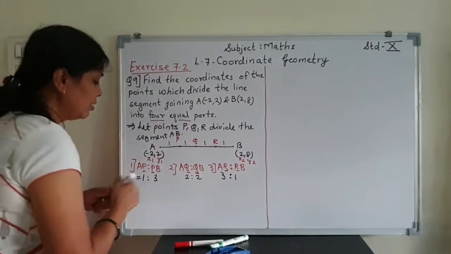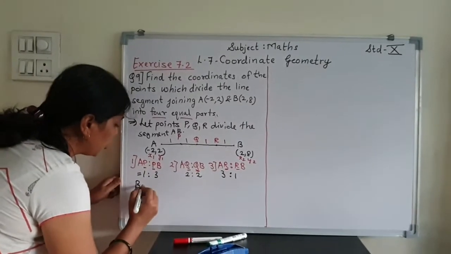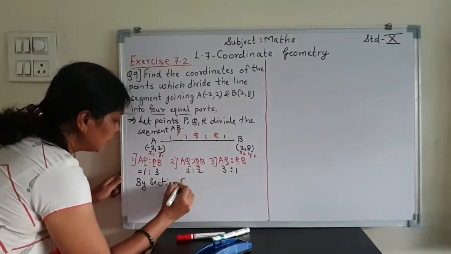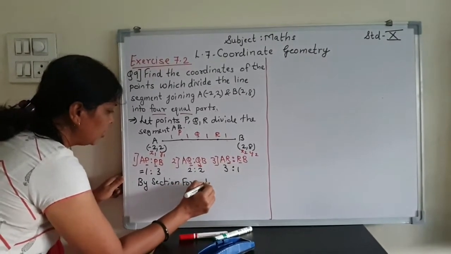Let's start finding the coordinates of the points. So the section formula. What is the section formula?